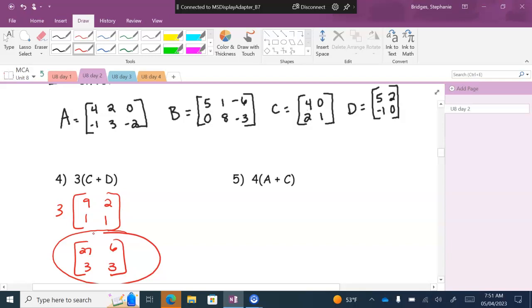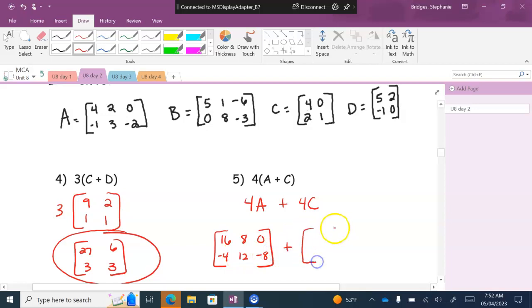And then for 5, because A and C are not the same size, we're just going to do 4 times A plus 4 times C, and leave it as 2 matrices that are being added together. I take matrix A and multiply every element by 4. That gives me 16, 8, 0, -4, 12, -8.